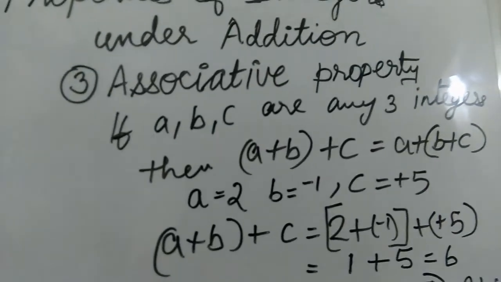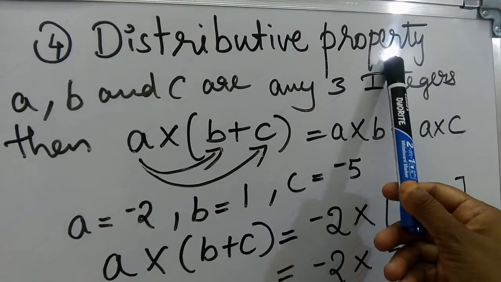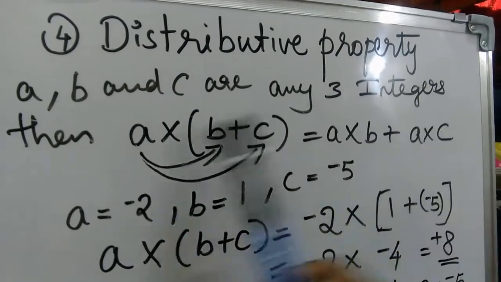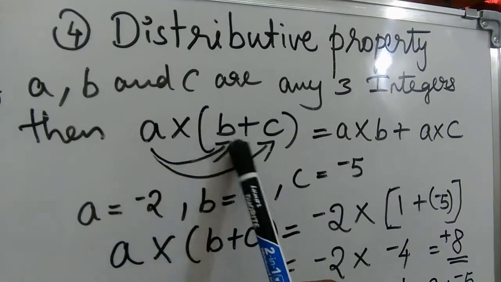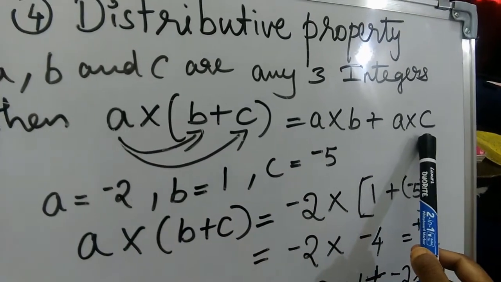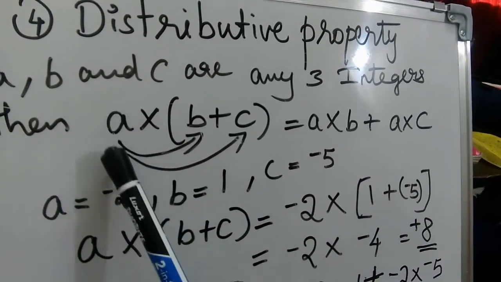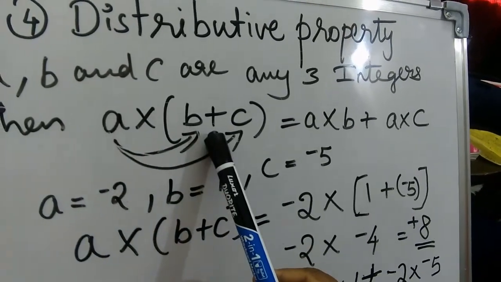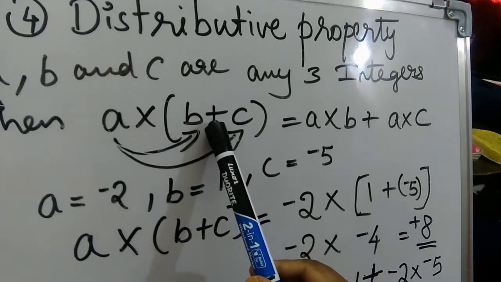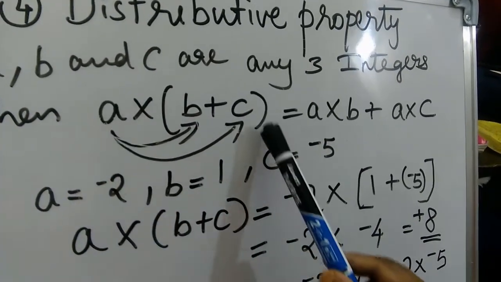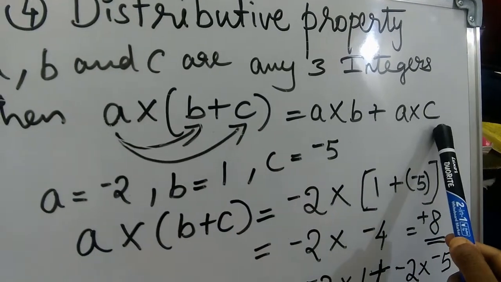That is associative property. Now fourth property, distributive property. If a, b, c are any three integers, then a into (b plus c) equal to a into b plus a into c. How do we get this? We can distribute like this. First term a into b, then plus, then multiply the first term with the second term, that is a into c.